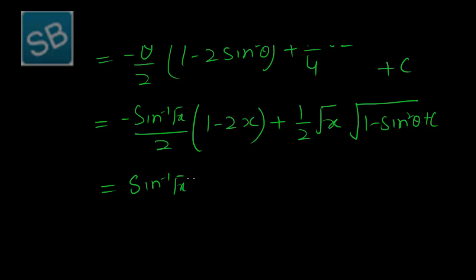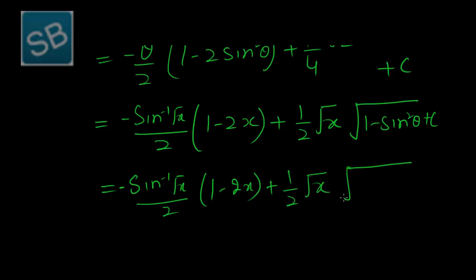So we get sin inverse under root x minus sin inverse under root x over 2, 1 minus 2x, plus 1 by 2 under root x under root 1 minus sin square, which is x, plus c.